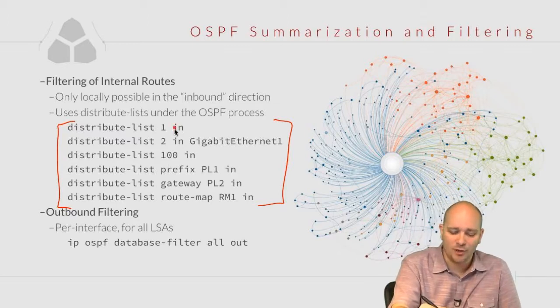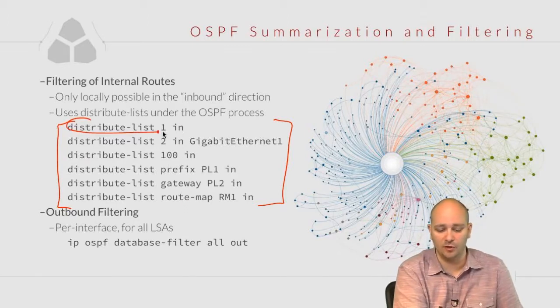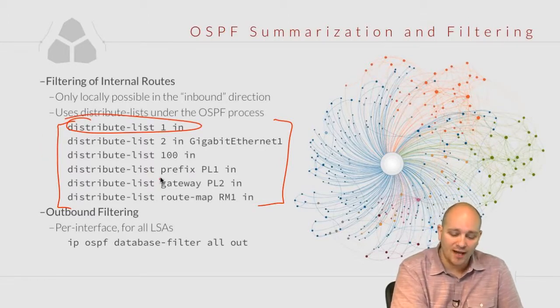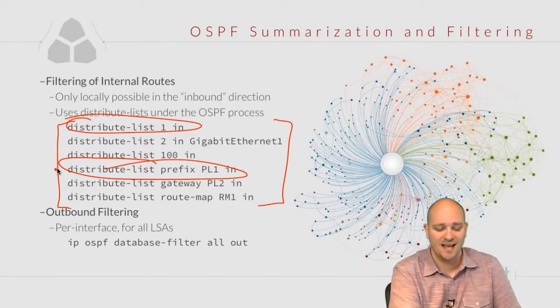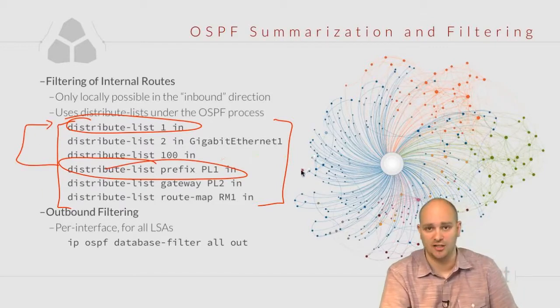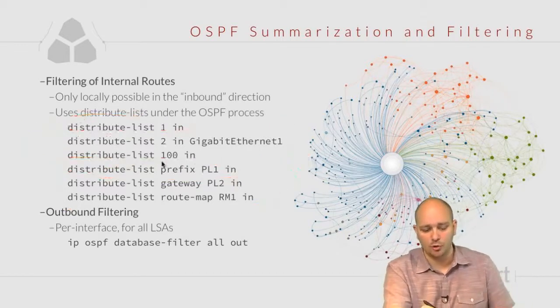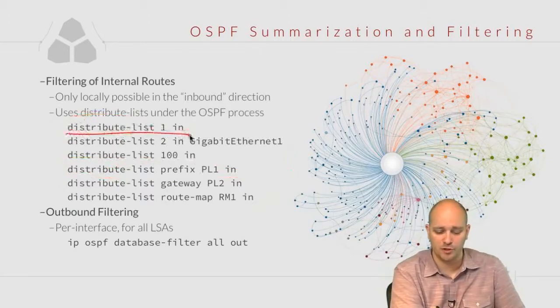That means that I couldn't configure all of these at the same time. For example, if I configured this example here and then tried to apply this one, I would get an error message from IOS telling me that this command has already been configured. So some of them are mutually exclusive, but I'm going to go through these examples and explain what they actually do. So let's take a look at the first one here.